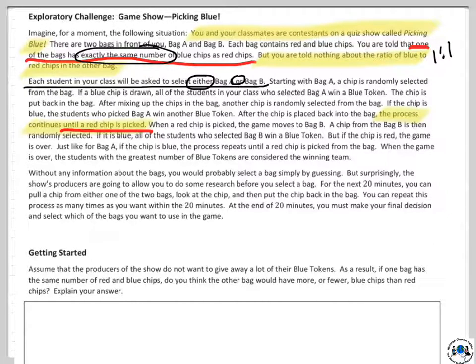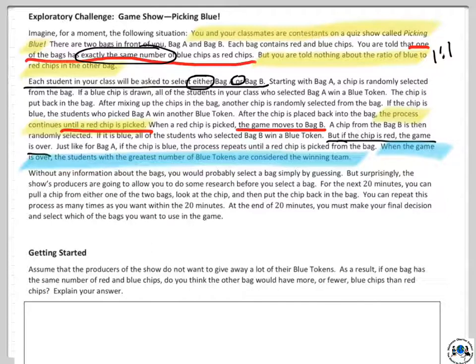Then a chip from bag B is randomly selected. If it is blue, same process. Everyone who pre-selected bag B as the winner will get a blue token or a point. But if the chip is red, the game is over. Just like bag A, if the chip is blue, the process repeats until a red chip is picked from the bag.